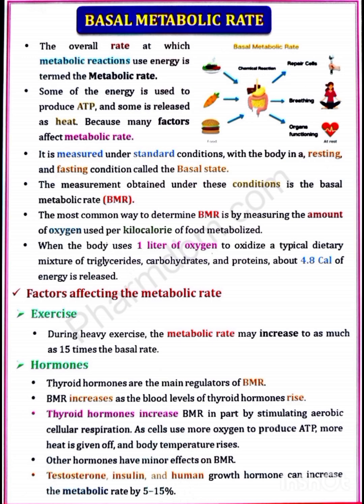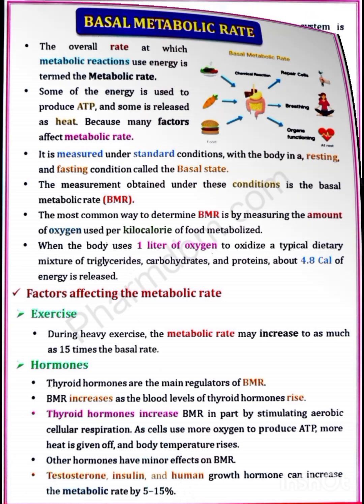As cells use more oxygen to produce ATP, more heat is given off and the body temperature rises. Other hormones have minor effects on BMR. Testosterone, insulin and human growth hormone can raise the metabolic rate by 5 to 15%.